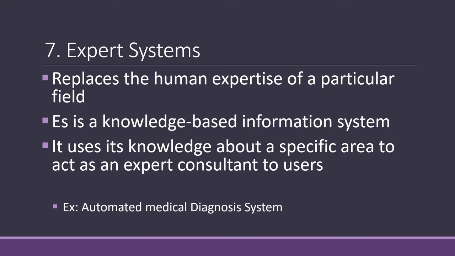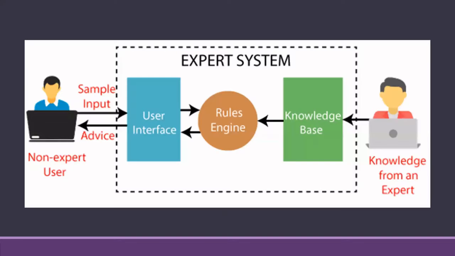For example, an automated medical diagnosis system: we can give our symptoms to the system, and the system will see what are the available records, based on the previous knowledge, and they can formulate some kind of predictions based on the expert knowledge. They can infer some results based on it. So that is how an expert system works.